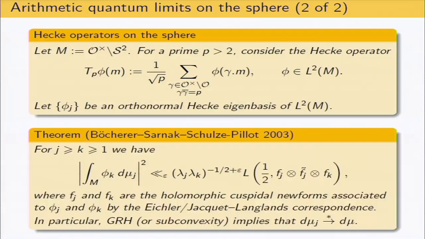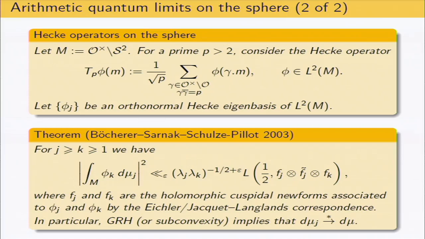Very good. And then here is an important result from 2003 by Böcherer, Sarnak, and Schulze-Pillot, which says, well, these Hecke operators are self-adjoint, they commute with each other, they satisfy exactly the same commutation relations as the classical ones for the modular surface. And then there is an exact formula for the integral over M of the kth harmonics against the jth measure coming from the jth harmonics in terms of a central value of a triple product L-function.